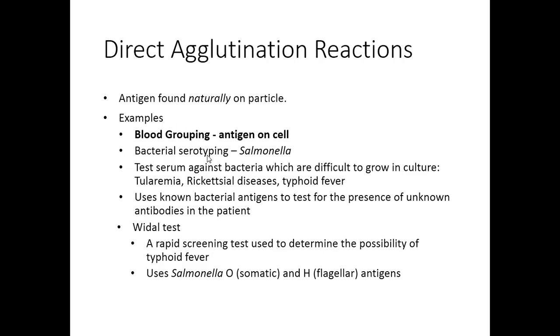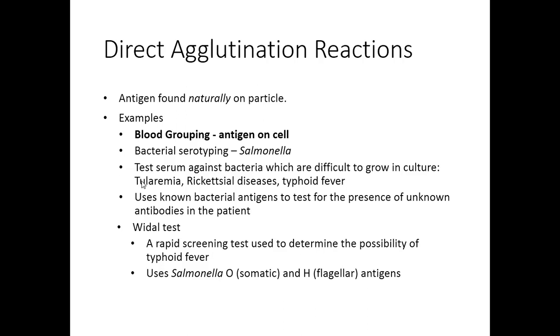So we want to see if there's a very specific serotype of a bacteria, or diseases that we don't necessarily want to grow in the lab, or that are fastidious. I don't know if you've used that word in micro yet, but they don't grow well. Things like tularemia, rickettsia, typhoid.